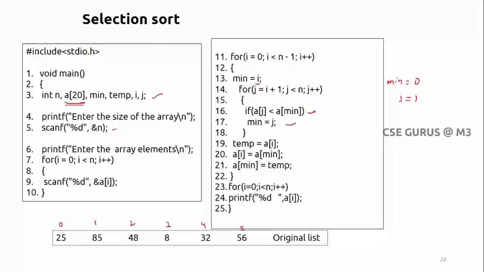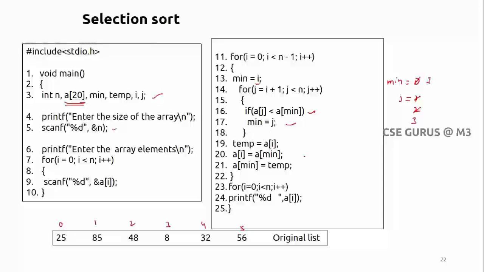Is 85 less than 25? No. Next j value 2: 48 is less than 25? No. Next j value 3: 8 is less than 25? Now it is true, so minimum is changing from 0 to 3.